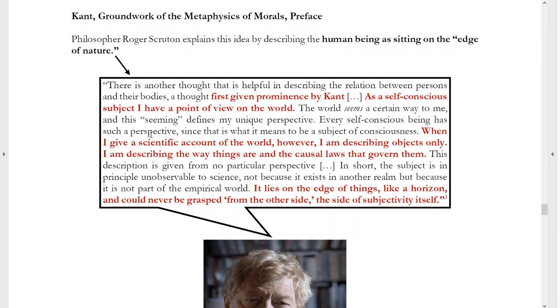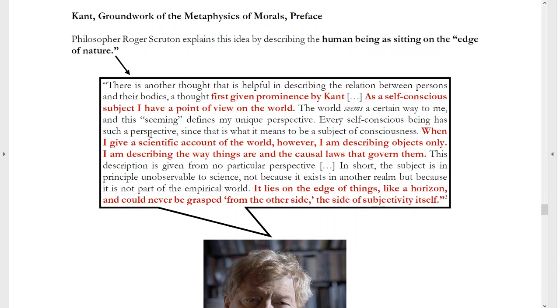But notice that when you describe physical objects in the world, when you give a scientific account of them, you don't think of those objects in that way. For instance, when you're describing how a car works, you don't presume that the car has its own point of view. You don't presume that there's something inside going on in the car's mind that's unique to them.